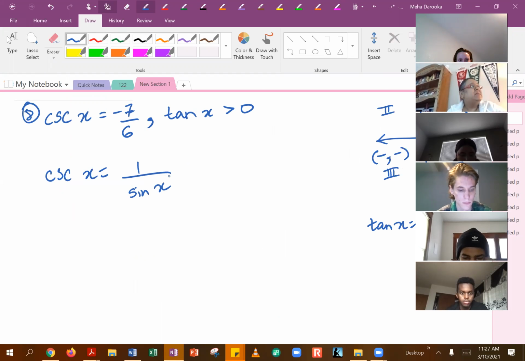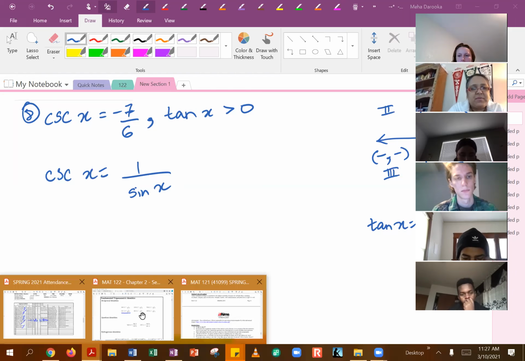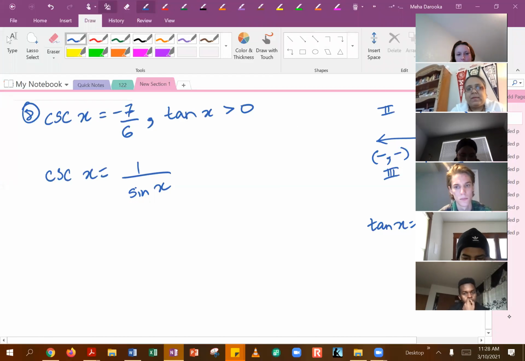And you've actually done similar examples like this in chapter 1. So how will we find the sine function here, guys? Because remember, conversely, we can also define the sine function as 1 over cosecant. So do we just kind of switch the cosecant and the sine?